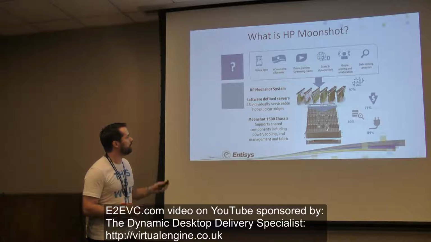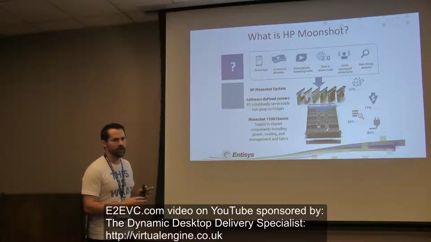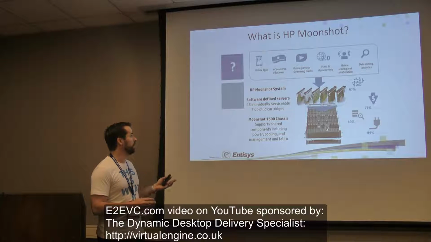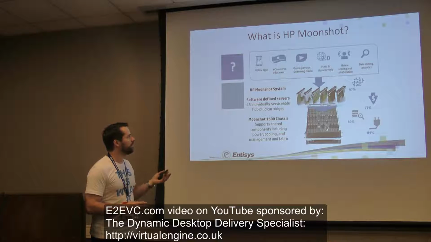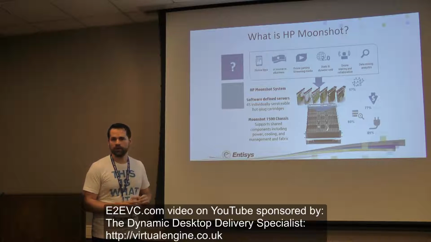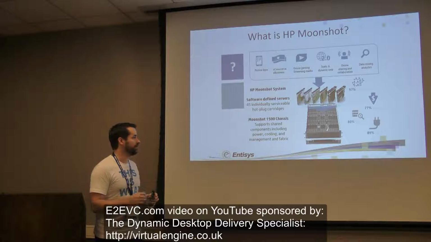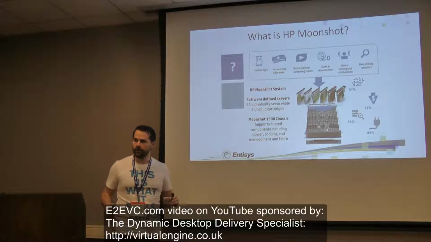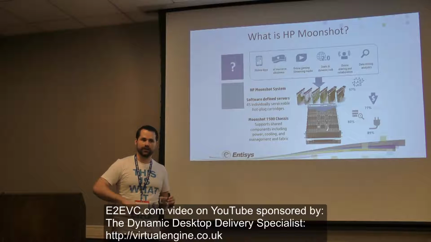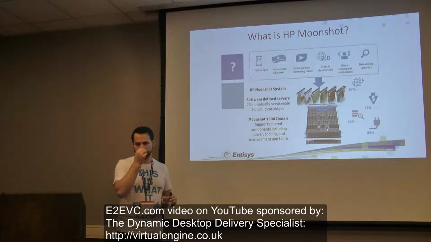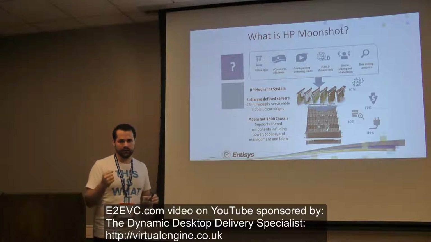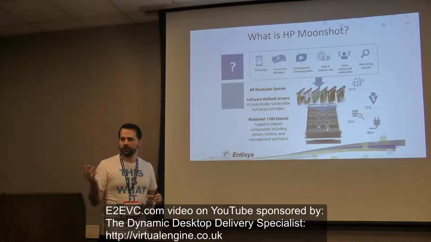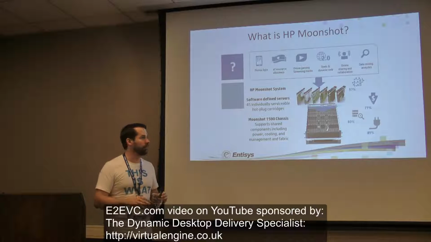The chassis they're shipping today is what they call a 1500 chassis, and it has 45 individual serviceable hot plug cartridges. I've done a demo a couple times, and we've recorded it, where you pull the chassis out of the rack, take the lid off, and immediately it spins up like a jet plane. It's louder than servers powering on, because of cooling and heat dissipation with the top off.